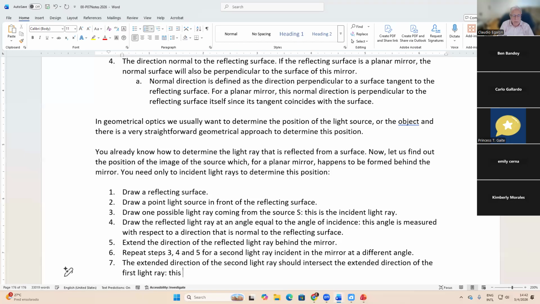This point of intersection is the position where the image of the source is formed. Okay?